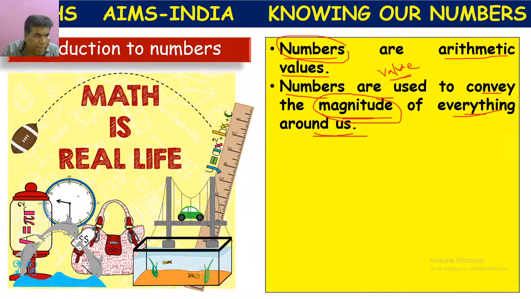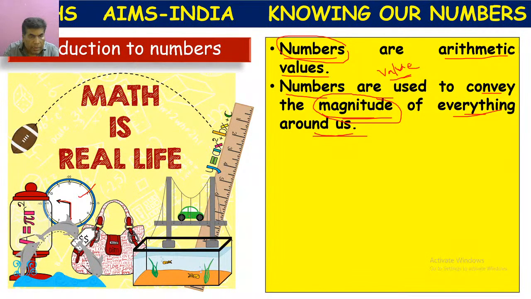Suppose here we have a clock. We want to find the time. For telling the time by seeing the clock, now it is around 9:30. So for telling the time, we have to take the help of numbers.